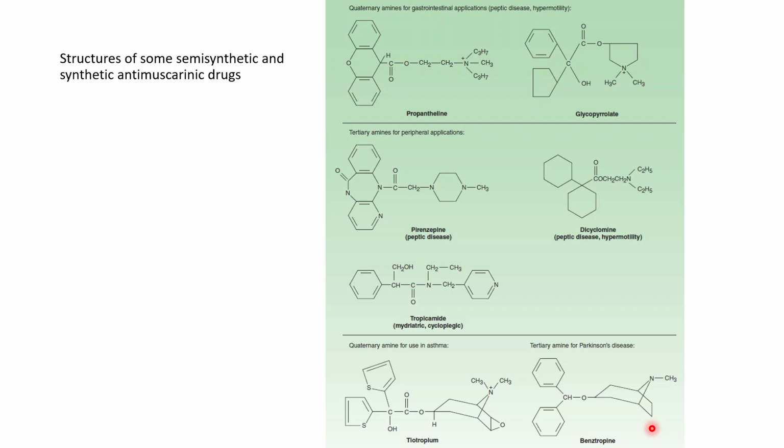The mechanism of action of atropine is based on blocking cholinergic actions, and even a small dose of atropine can overcome a large concentration of acetylcholine.